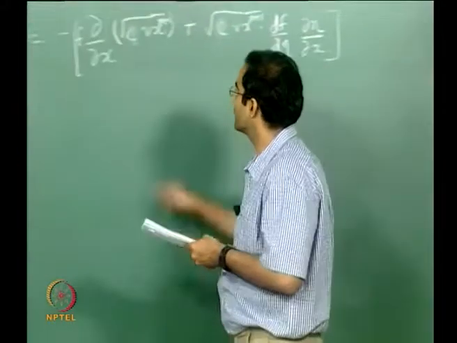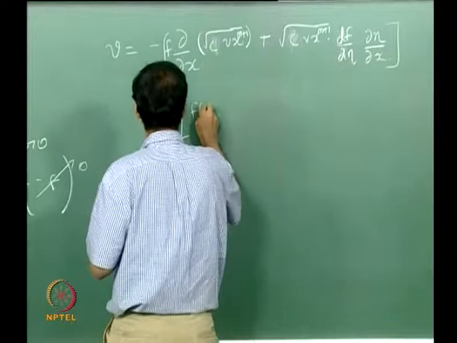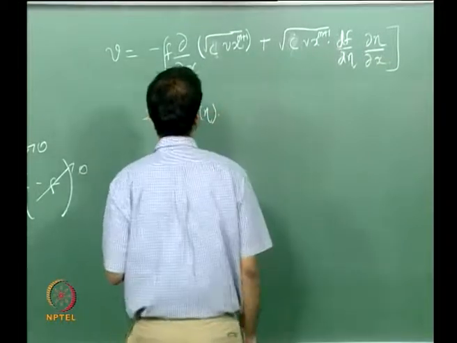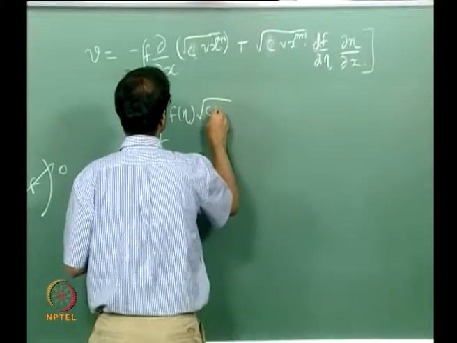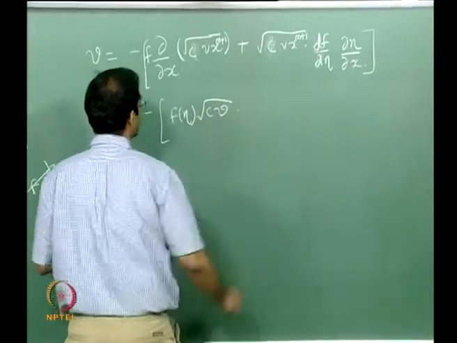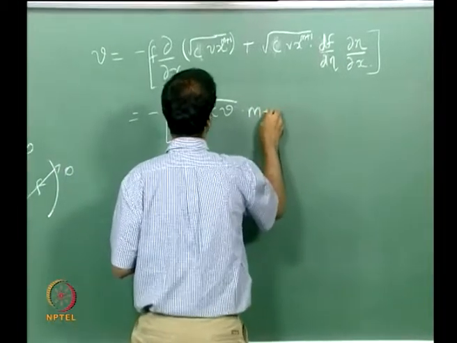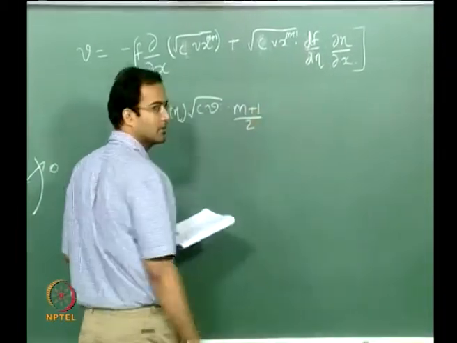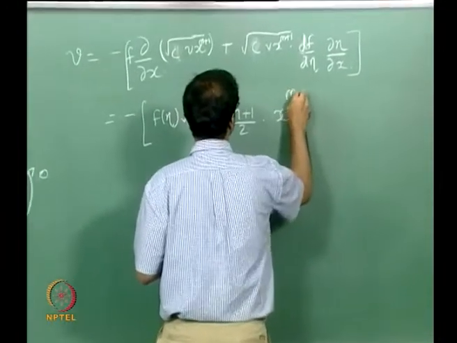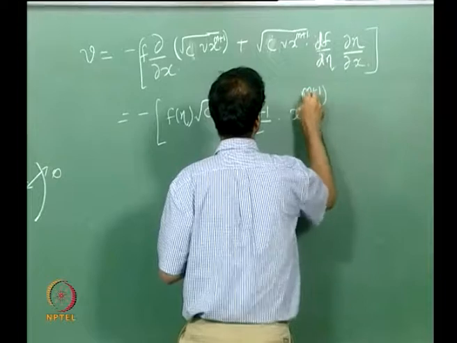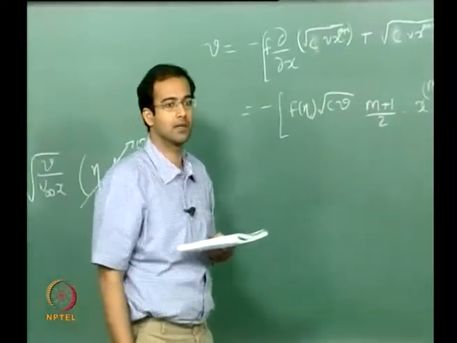So now how will you differentiate it? You have minus f of eta, so d by dx of this square root of C nu, this is a constant, so this is m plus 1 by 2, right, into x to the power m plus 1 by 2 minus 1, alright.